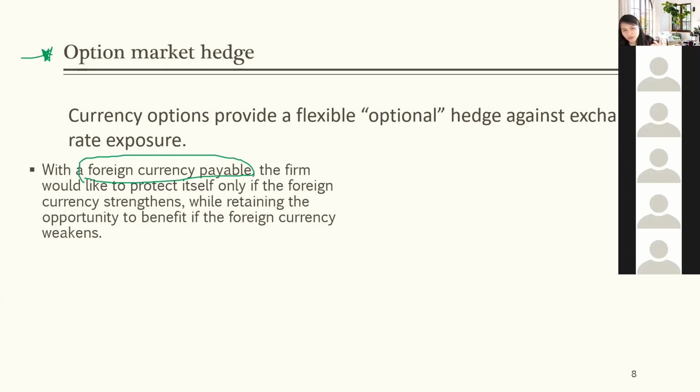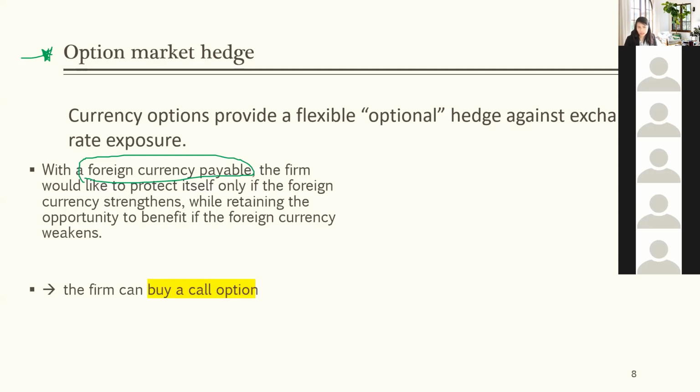If the foreign currency increases in value, that will hurt my position because I have to pay more in my domestic currency. At the same time, when the currency depreciates, this is when it's better for me because then I have to pay a little bit less than before.